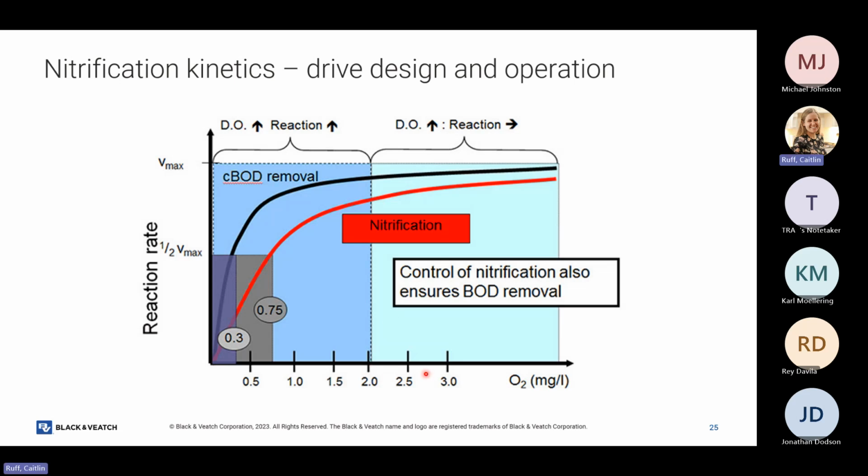But when we go beyond 2 milligrams per liter, we can see that the increase in DO is not really giving us much benefit, we start plateauing. So that's where the line has been drawn on operations optimization.